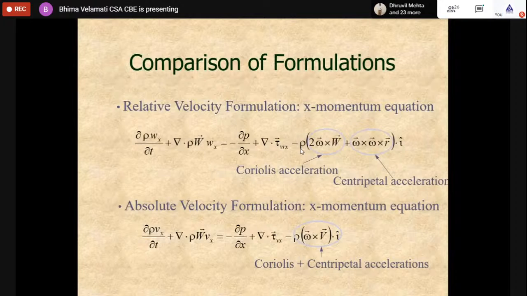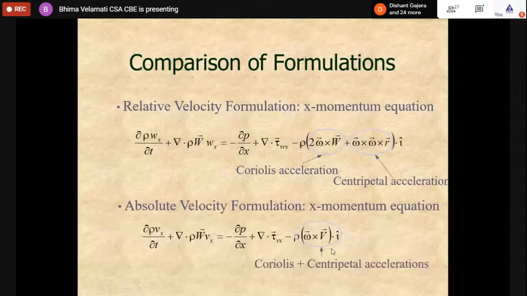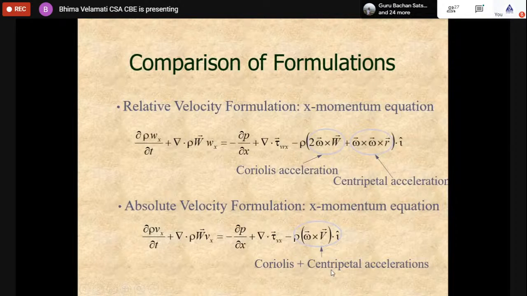If I solve in an absolute frame, then you will have additional terms, but they will be together. But these terms, the centrifugal and Coriolis accelerations, come from the motion of the grid. Coriolis and centripetal force would come because of the motion of the grid. Here it comes because I'm using a reference frame for the relative velocity.